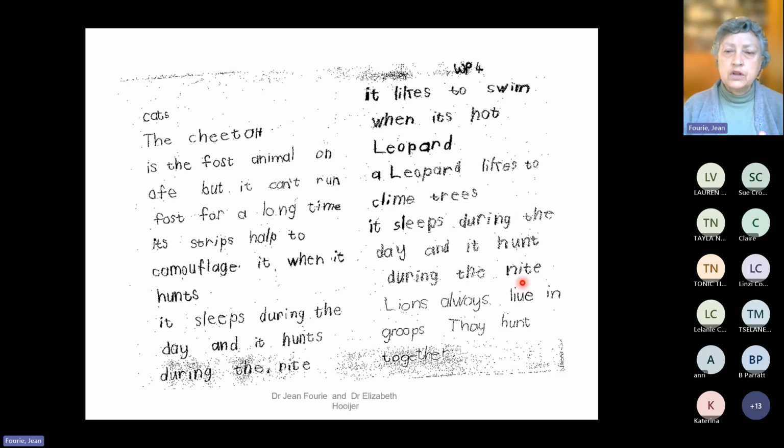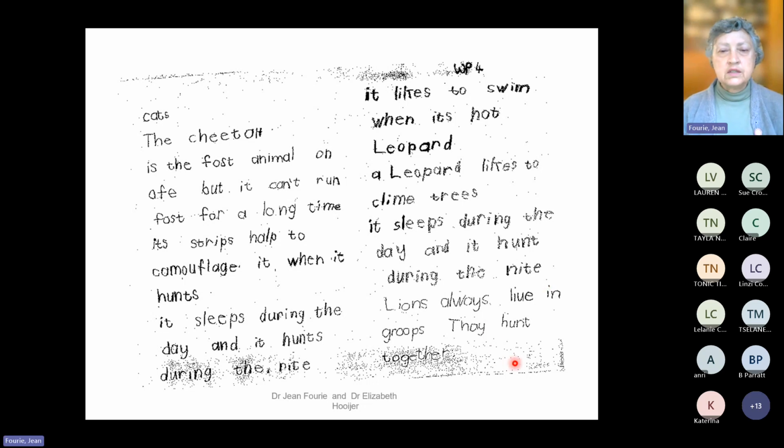And again, the word night spelled incorrectly. So as the remedial teacher, you automatically know that you need to go and look at this word to do some remediation, because that is one of those irregular words and it needs to have visual memory associated with it.